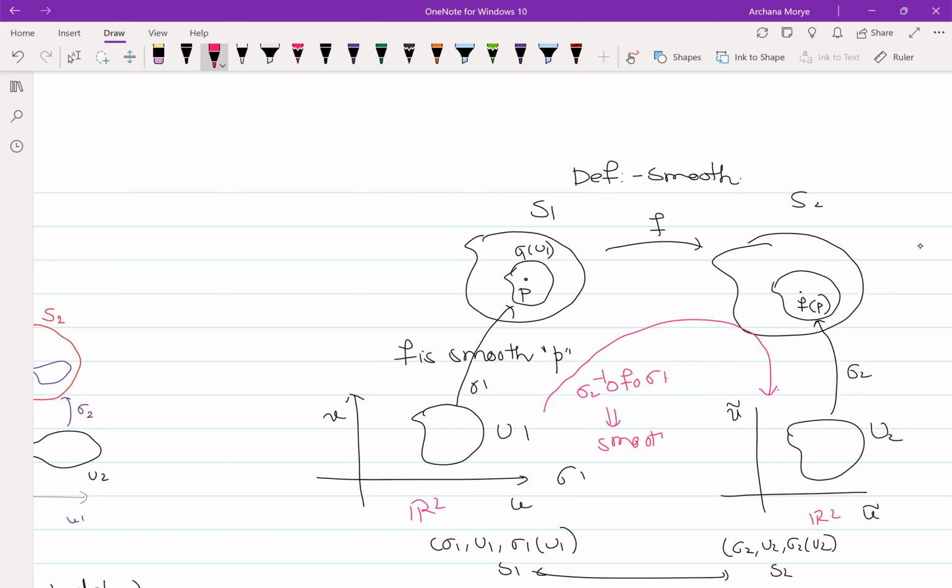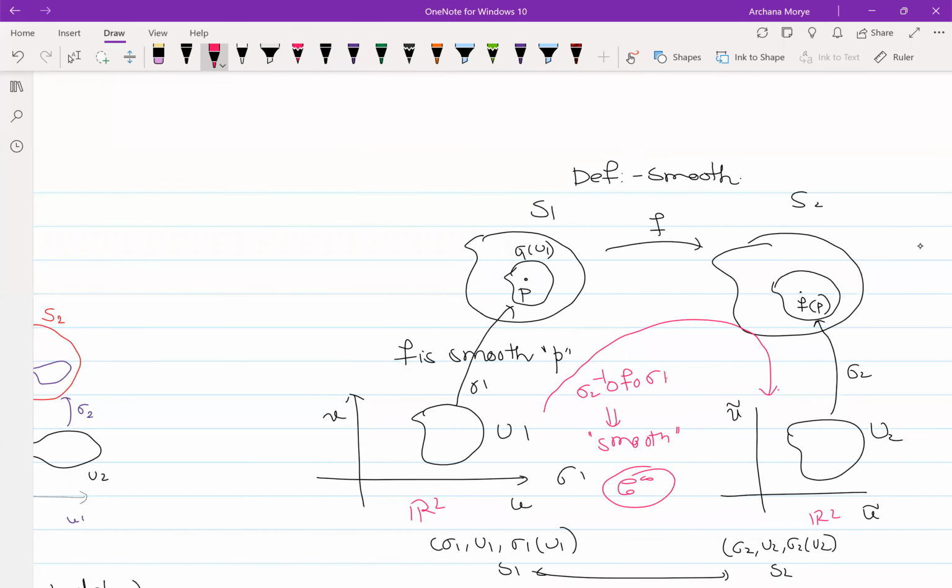What is smoothness when I have a map from U1 to U2, which is inside R2? All the partial derivatives of order 2 will exist. Not order 2, we are talking about infinity, right? So all partial derivatives of all orders exist and they are continuous, because smoothness means C infinity. We are talking about infinitely many times differentiable functions.